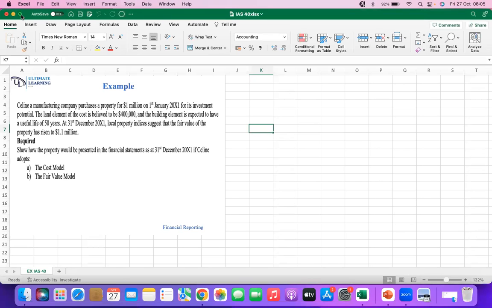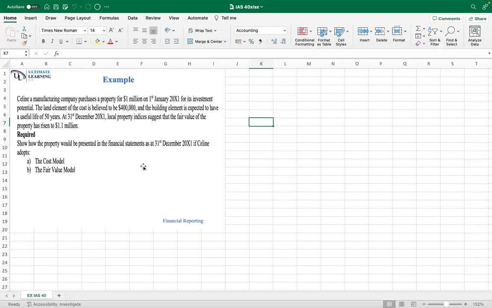So we have the same question with us. Selling, a manufacturing company, purchases property for 1 million on 1st January 20X1 for its investment potential. The land element of the cost is believed to be 400,000, and the building element is expected to have a useful life of 50 years. At 31st December 20X1, local property indices suggest that the fair value of property rises to 1.1 million.